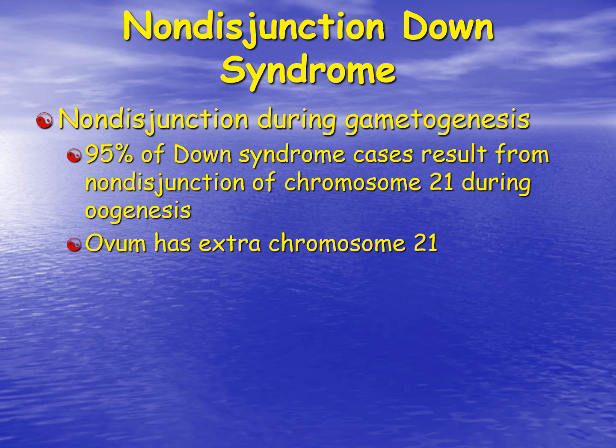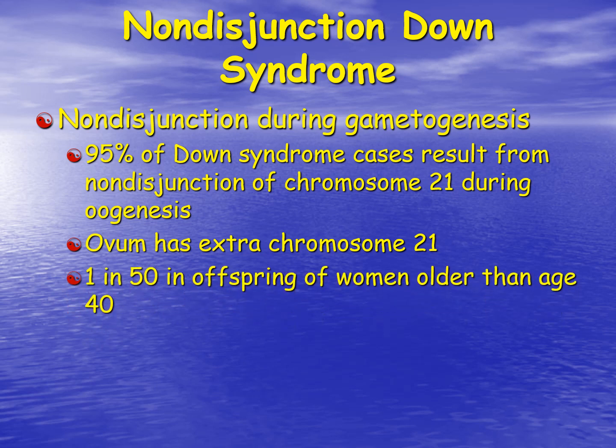And so oftentimes we get non-disjunction either as we complete meiosis 1 or as we go through meiosis 2. So the ovum winds up with the extra chromosome 21. 1 in 50 live births in offspring of women older than the age of 40 are likely to have Down syndrome.